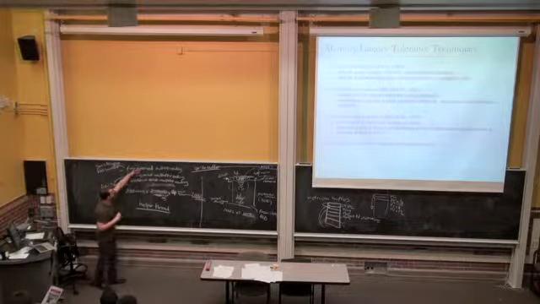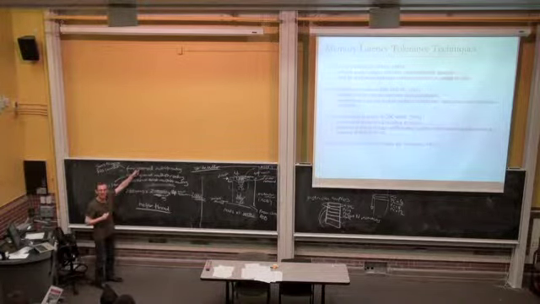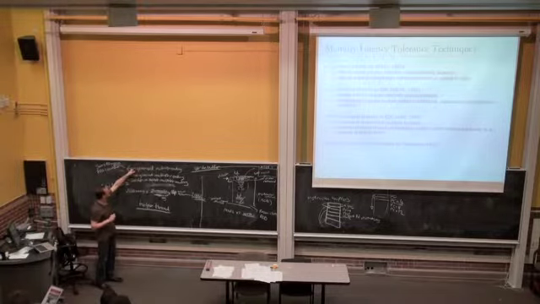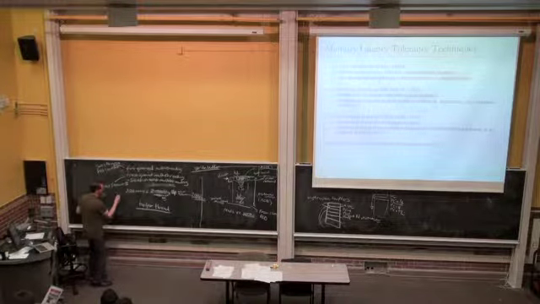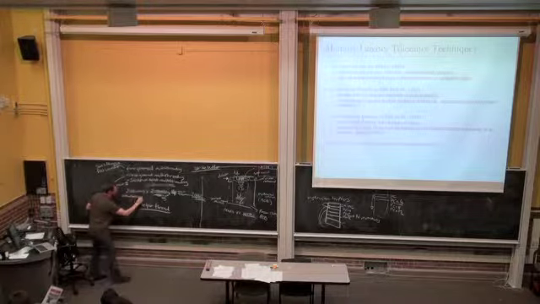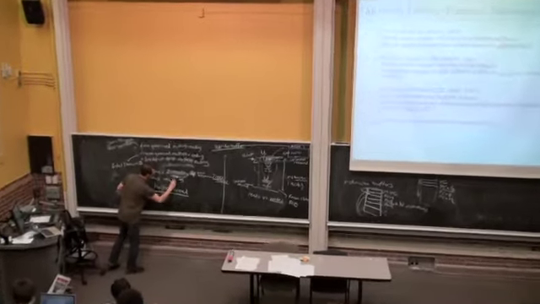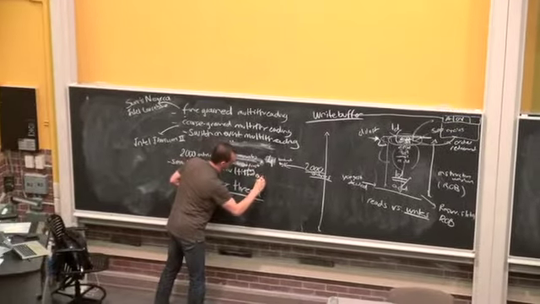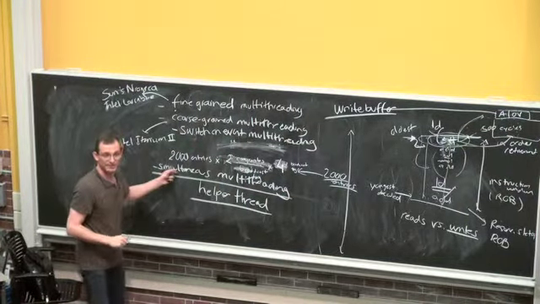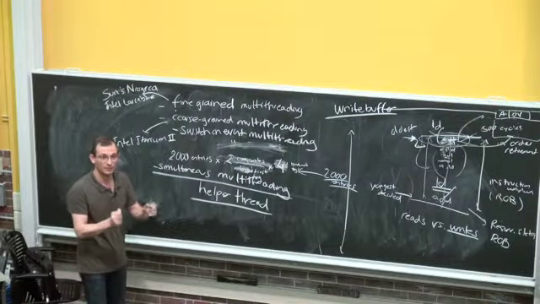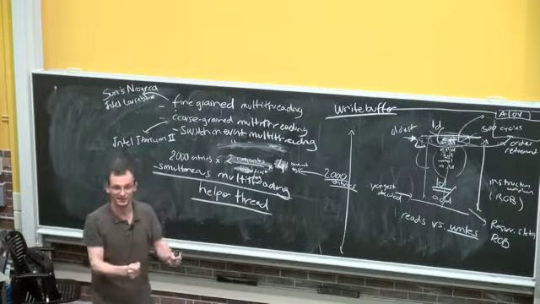And you could do this in existing processors today. Actually, almost all processors today are multi-threaded. And maybe we'll get to that when we talk about simultaneous multi-threading. I'll throw you one more term here. Simultaneous multi-threading is the ability to execute from two threads at the same cycle.